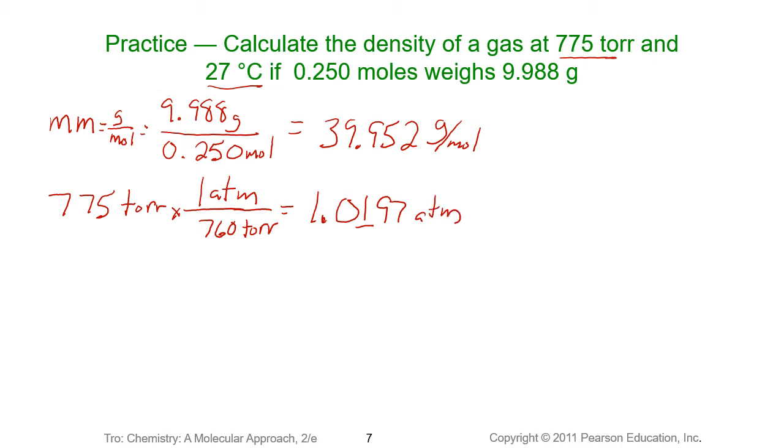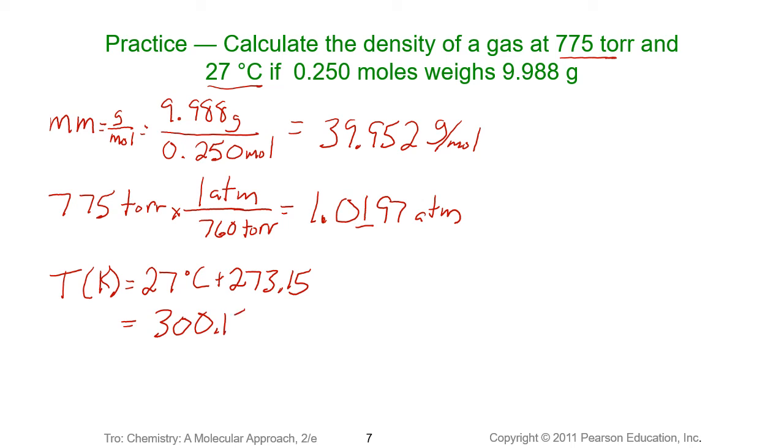We also have to convert our temperature, so we end up with 300 Kelvin. We can now use our density equation, which is the pressure times the molar mass divided by RT.